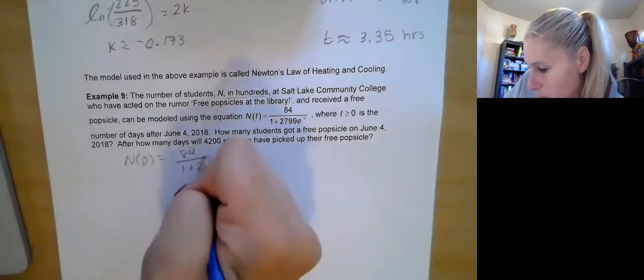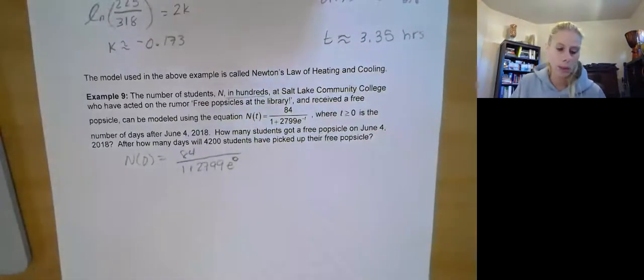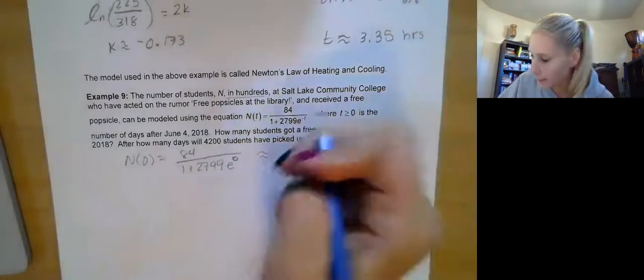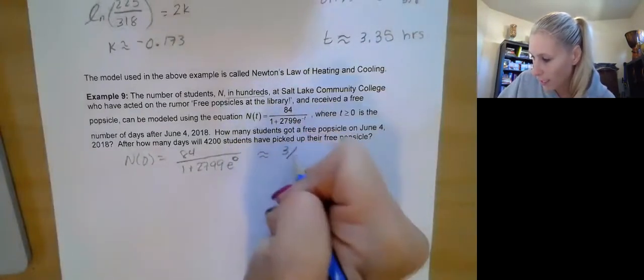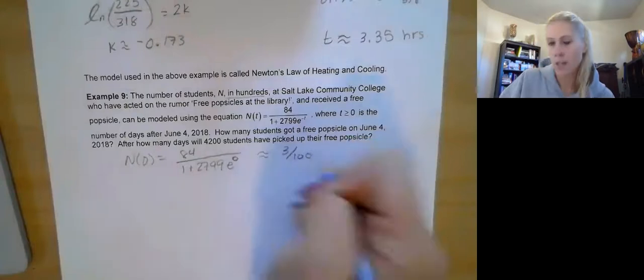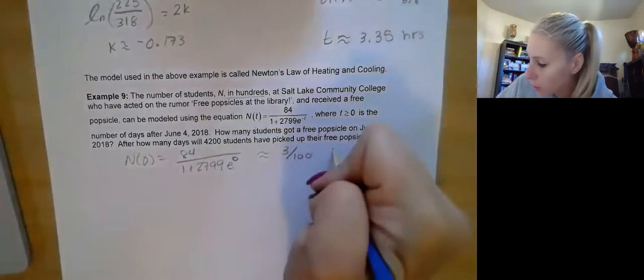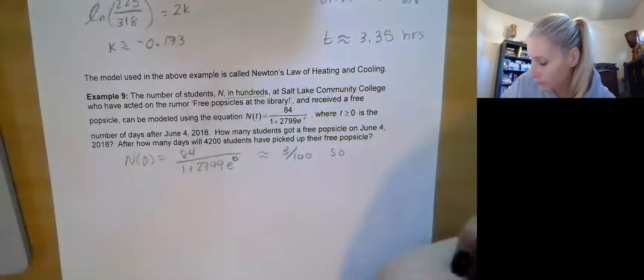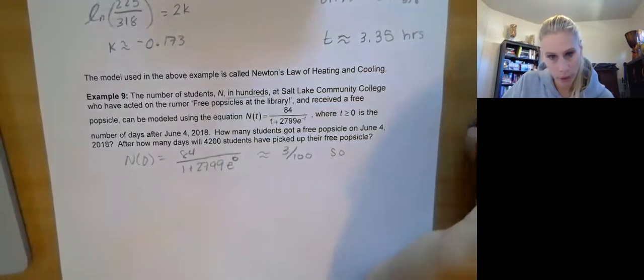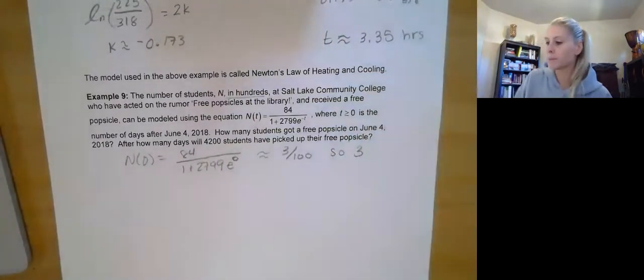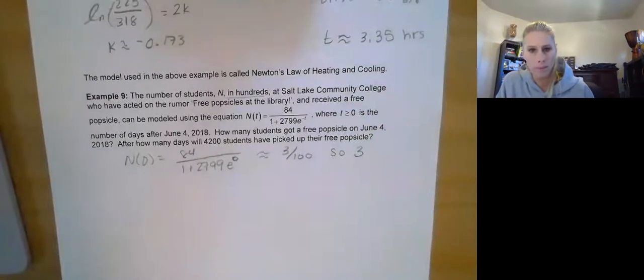Wait a second, we wouldn't put in negative 0, we would just put in 0. Now, if we did this out, what happens is it comes out to 3 out of 100. Now, remember though, this is in hundreds, okay? So that means 3 people had popsicles on June 4th.